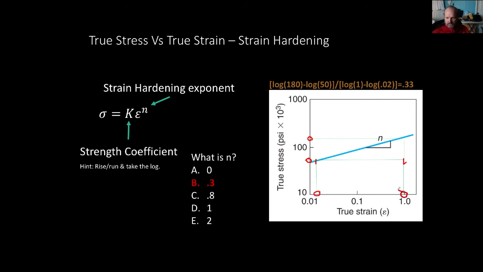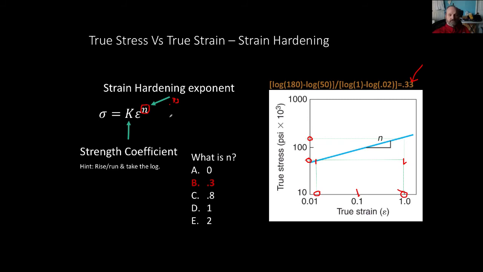Okay, so it's a log of 1 minus the log of 0.02. That gives you 0.33. And to test it out, you can put a 0.33, not 33, it's 0.33. You can put a 0.33 in for n, right, and test it out, okay, at let's say 0.1, and see if you get the right true stress.